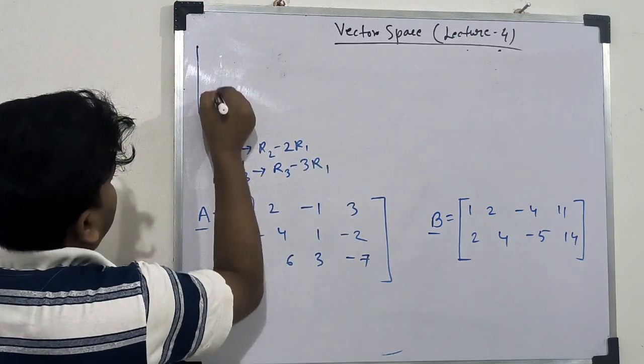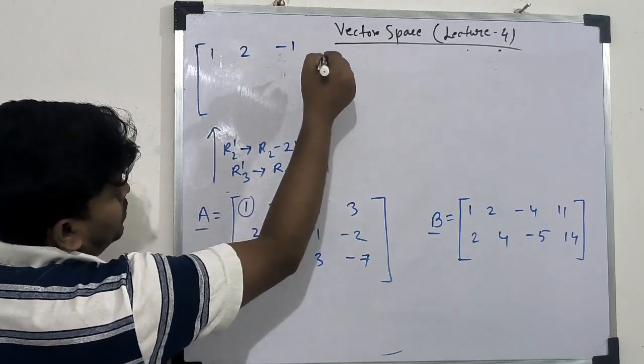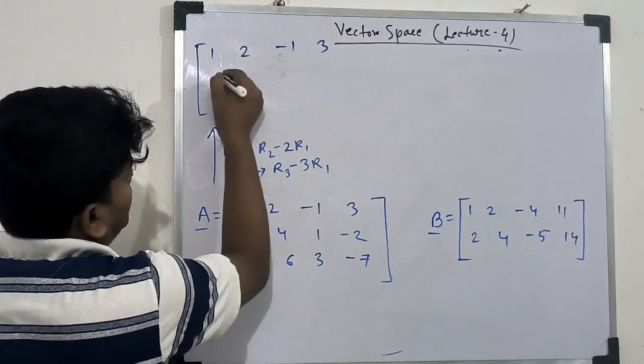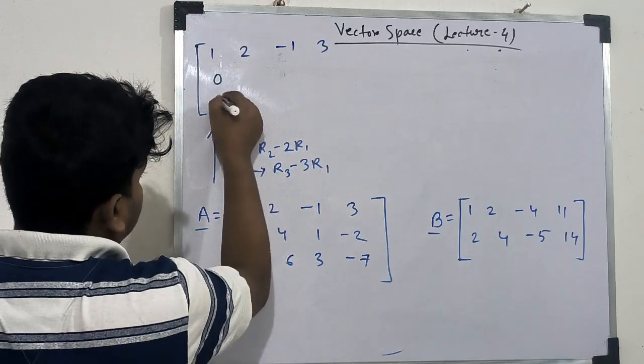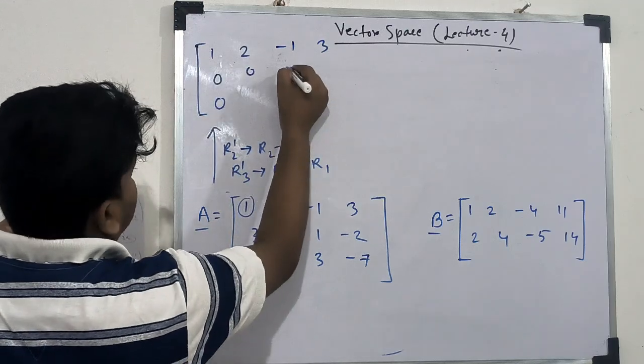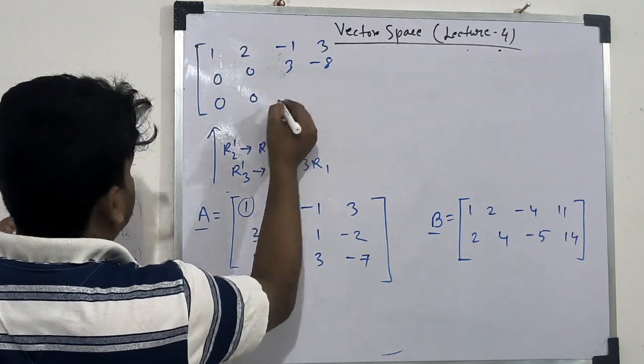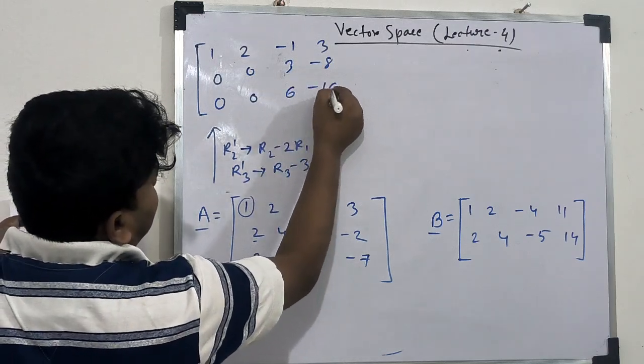Then the matrix will look like this: the first row is unchanged, 1 2 -1 3; the second row is 0 0 3 -8; and the third row is 0 0 6 -16.